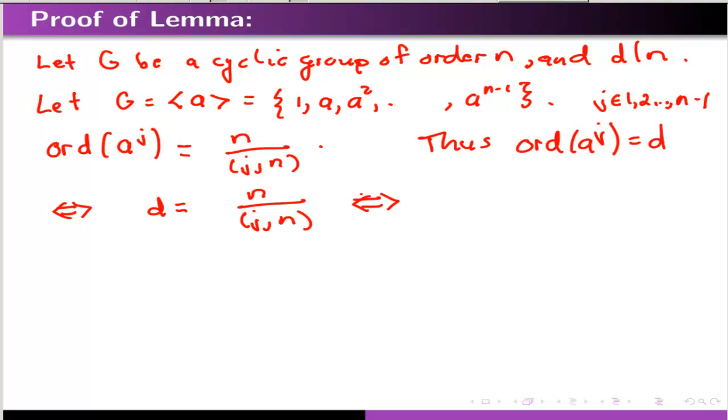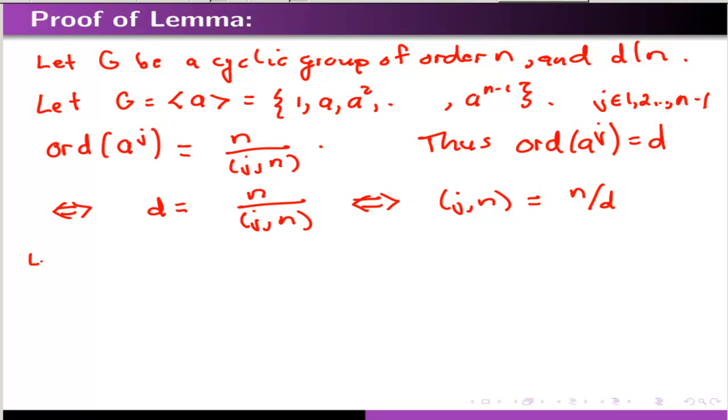So that would mean that the GCD of j and n should equal n over d. So in particular, this is saying that n over d should be a divisor of j.